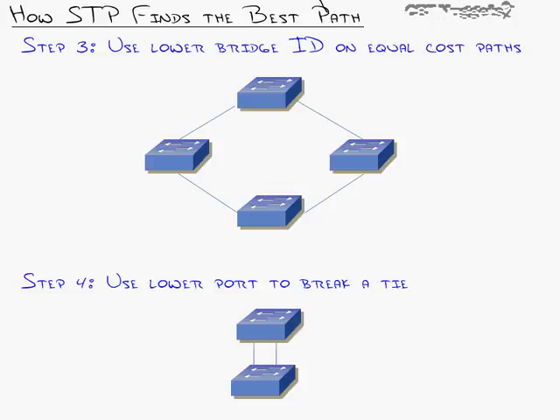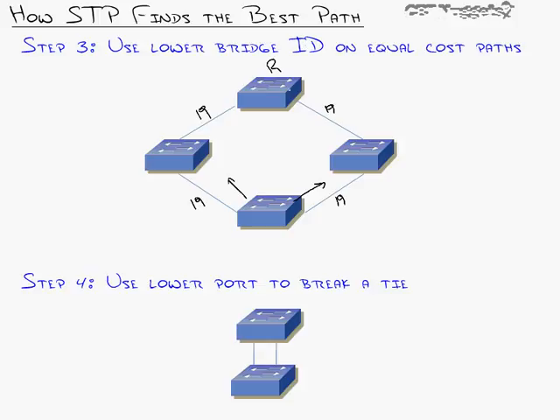What we didn't talk about in our little example was, what if the costs were tied? Meaning, what if we had a scenario like this underneath step 3, where the one up top got elected the root. We've got 100 meg links everywhere, so we've got a cost of 19 going to every switch. And this one's looking and saying, well, I've got 2 paths where, if I go to reach the root out either one, it's going to be a cost of 38. Well, in that case, it's going to use the lower bridge ID on an equal cost path.